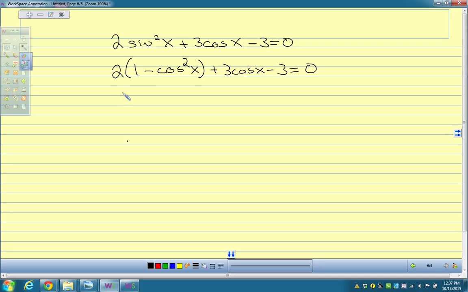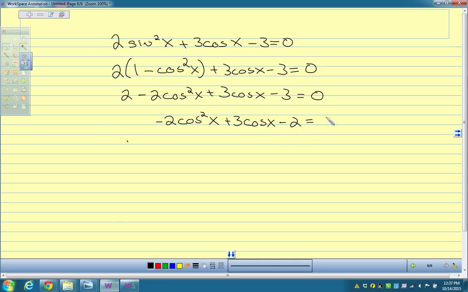So you get 2 minus 2 cosine squared x plus 3 cosine x minus 3 equals 0. And then you combine like terms. I'm going to stick the cosine squared in front: negative 2 cosine squared x plus 3 cosine x minus 2 equals 0.